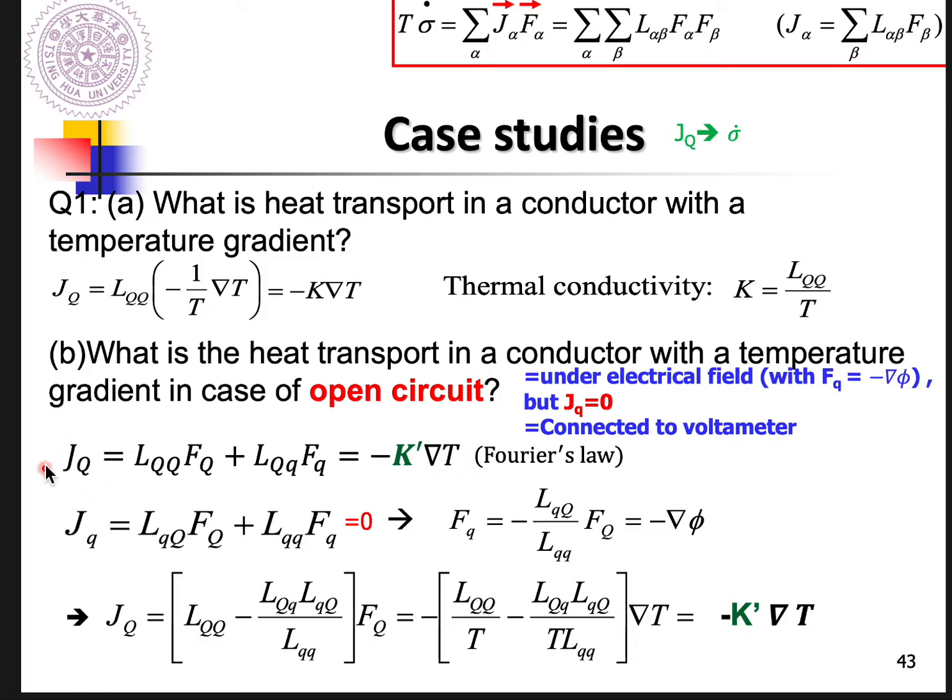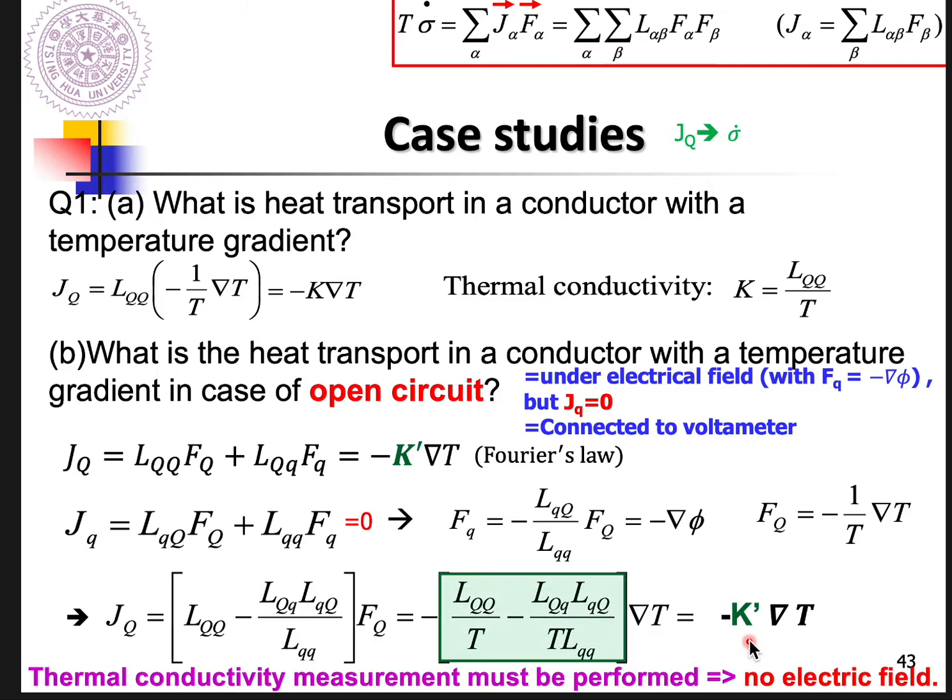But don't forget that the heat flux you measured is the combined effect of these two driving forces. If we measure the heat flux and directly use Fourier's law, dividing by the minus temperature gradient, we get the value of kappa prime, and this value will not be kappa; it will be kappa minus an extra term.